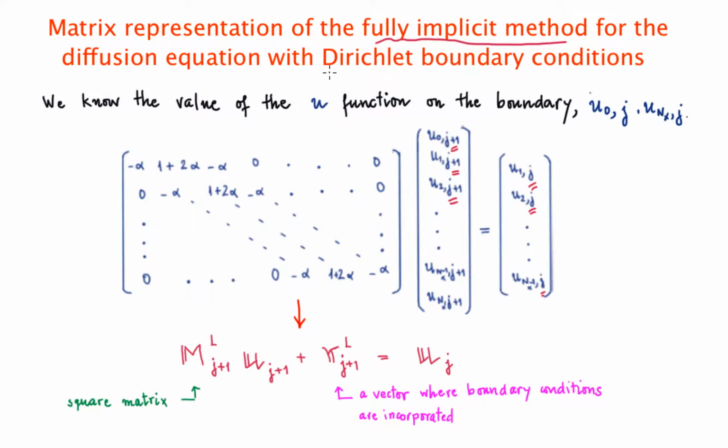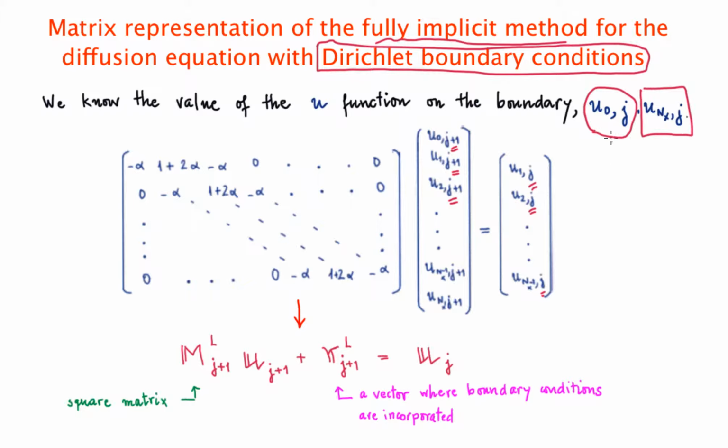So first, we are going to consider the Dirichlet boundary conditions. What does it mean? It means that we do know the values of the u function, both on the left border and the right border, at any time. We do know the value of the u function evaluated at the index corresponding to the space 0 and the index corresponding to the space nx at any j.